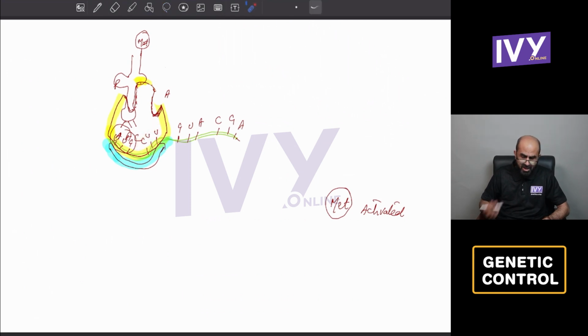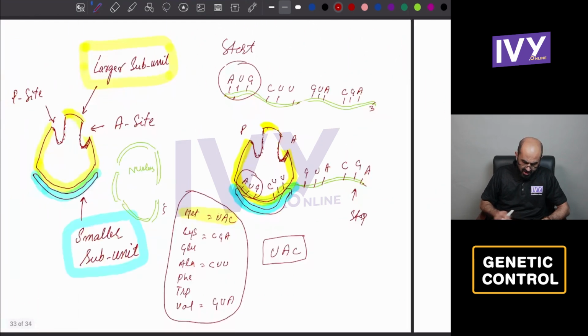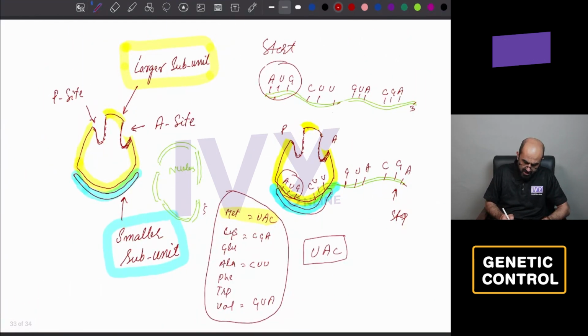So we now require two tRNAs at a time. Another tRNA has the anticodon against CUU, which must be GAA. If we see the code for GAA here, it is used for cysteine.